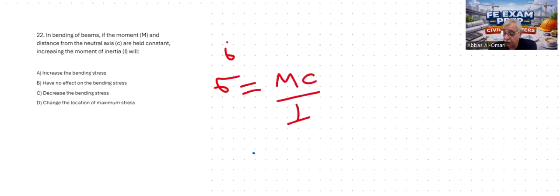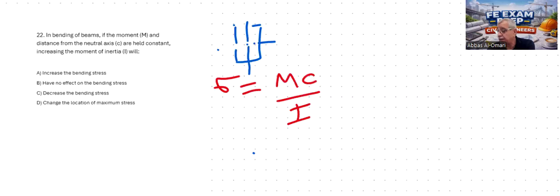This is a very well-known formula, and this type of question repeats in the different PE exams. So you should understand this formula. So sigma over the cross section, the stress varies. This is the center line.